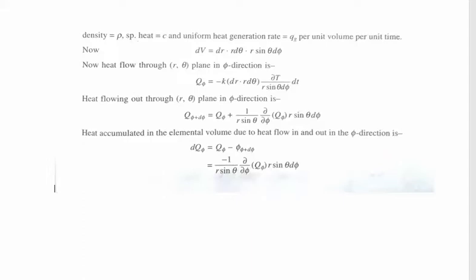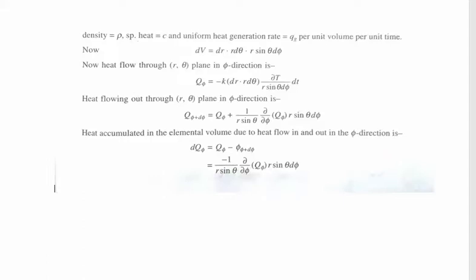This is the heat transfer in the direction of phi. Now the heat flow out of the r and theta plane in the phi direction, that is q phi plus d phi, is q phi plus ∂q phi/∂phi into r sin theta d phi.